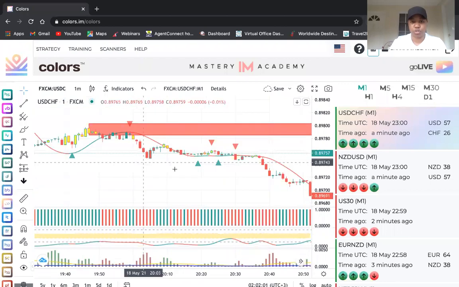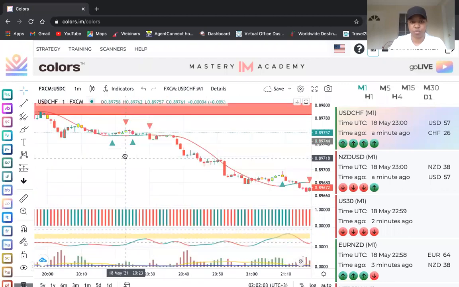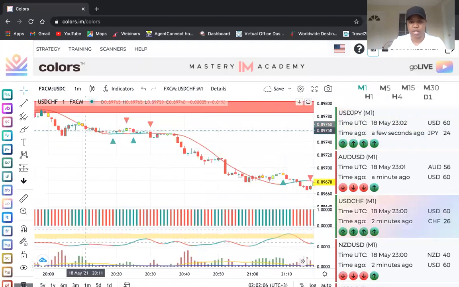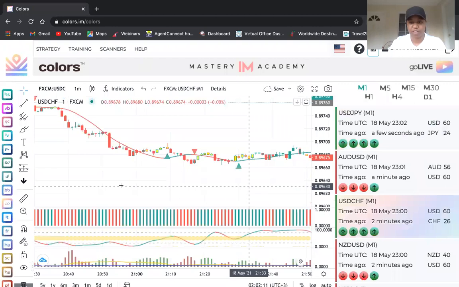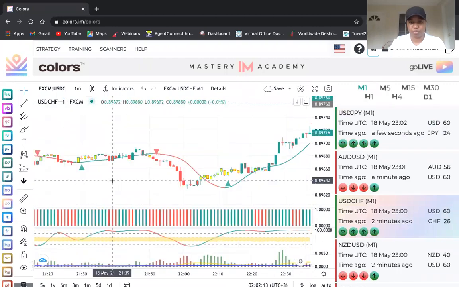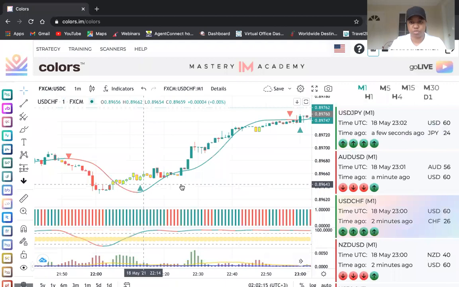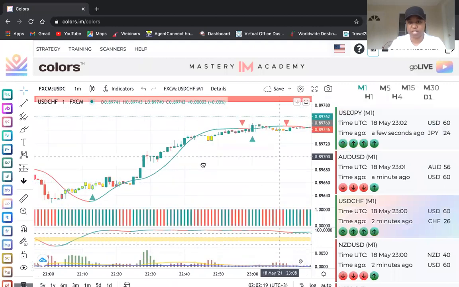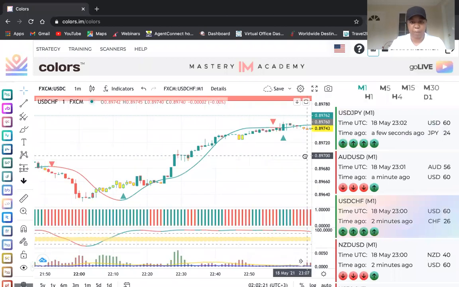Now I'm going to show you USD CHF is still selling, guys. Wow, look at this. It's still selling, but let's see if we can find any buy. Look at this. Sheesh. That is a massive sell right there. All right.